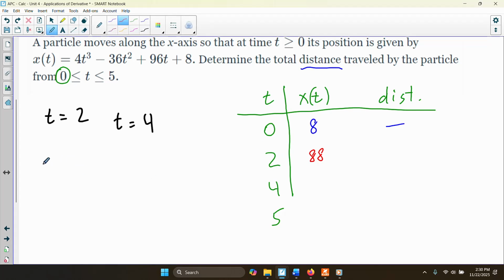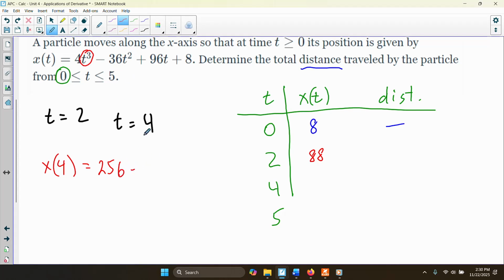So now plug 4 in, so x of 4. Oh, God, I don't want to do this, but 4 in here, this becomes 64 because 4 times 4 times 4 times 4 is 256.